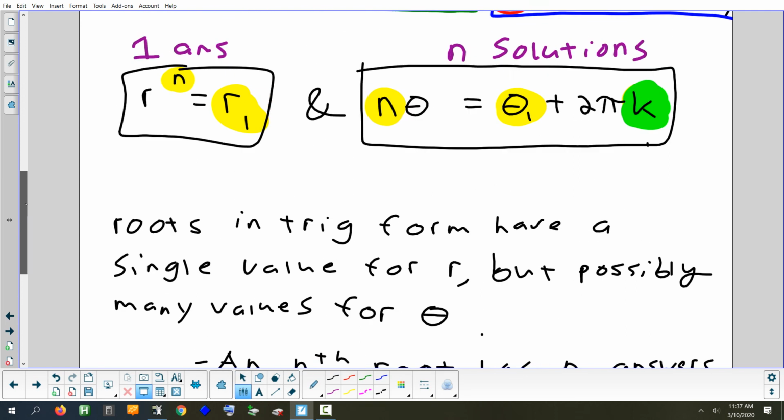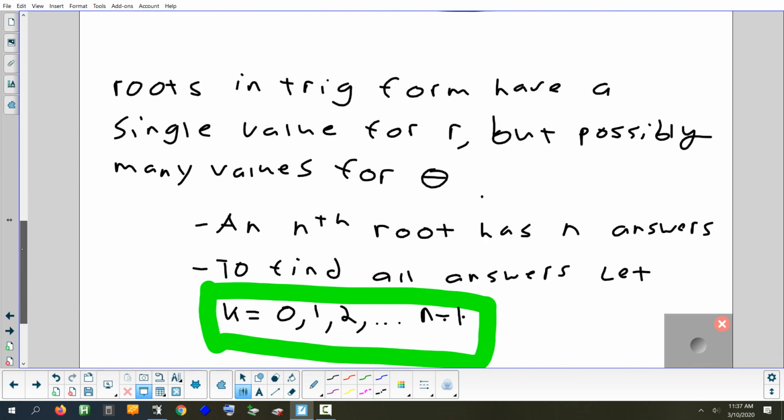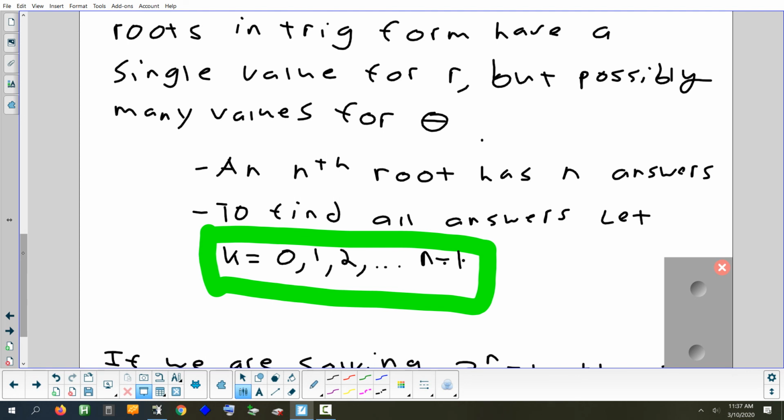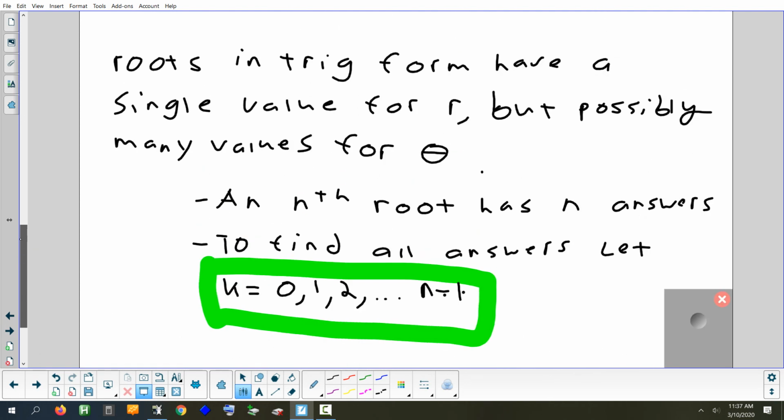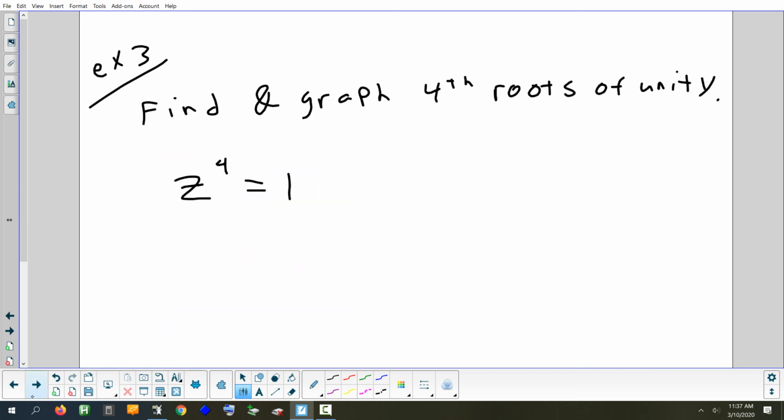All right. So, most important thing there are those 2 black boxes and what's highlighted in that green box. Let's try a question. So this problem says to find, we're not going to graph them, find the fourth roots of 1.